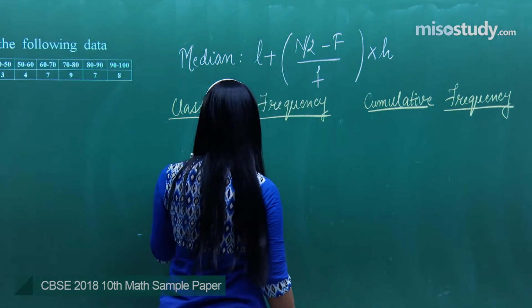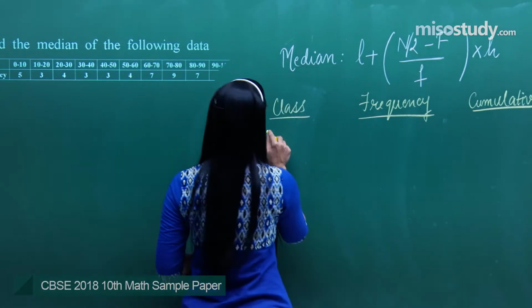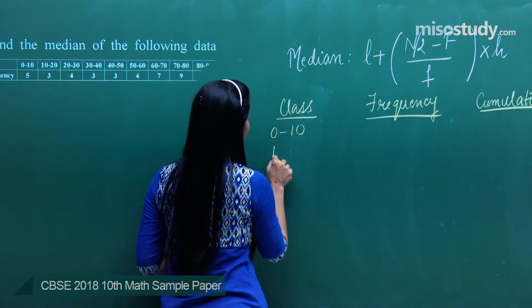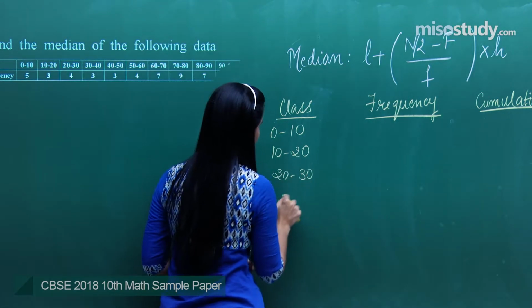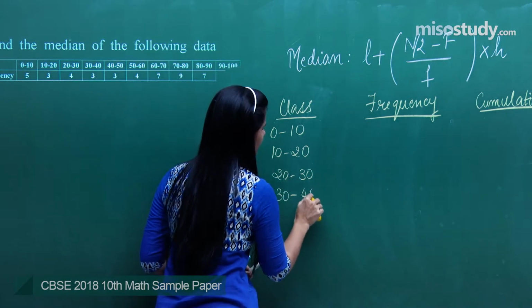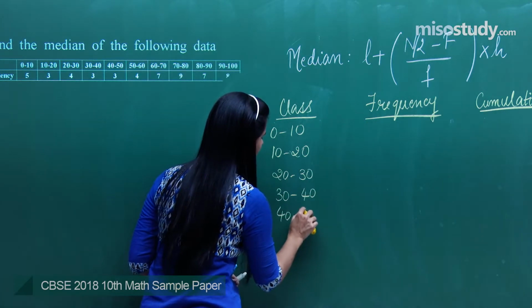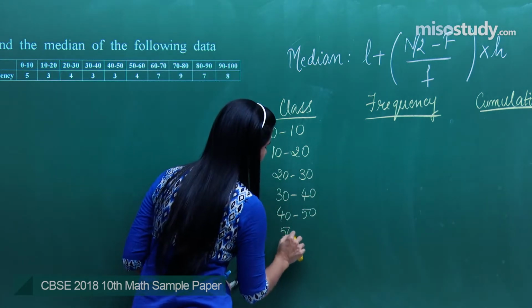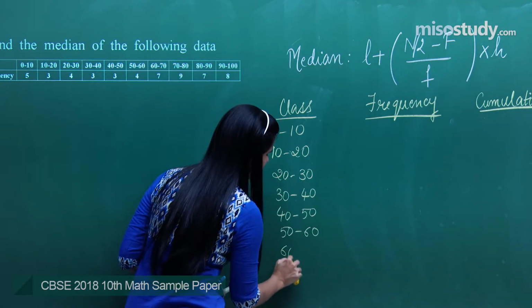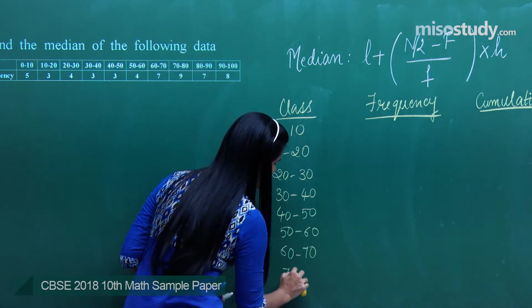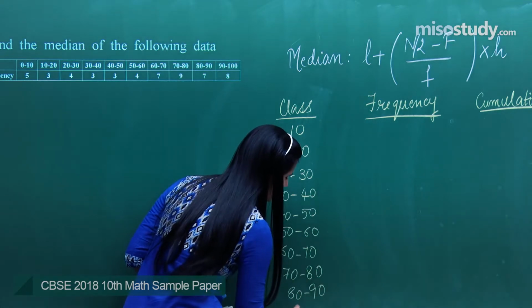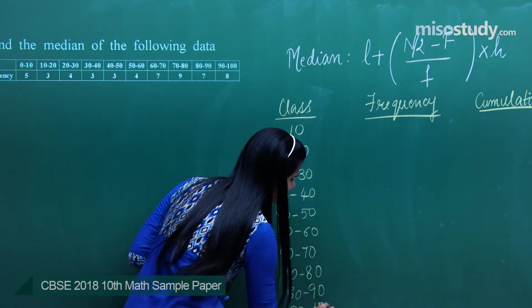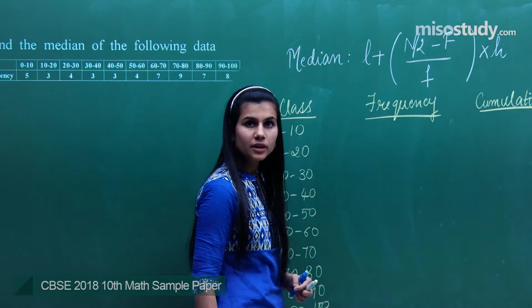So let's write what all the classes are: 0 to 10, then 10 to 20, 20 to 30, 30 to 40, 40 to 50, 50 to 60, 60 to 70, 70 to 80, 80 to 90 and 90 to 100.